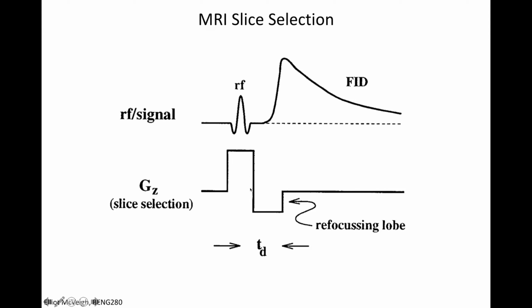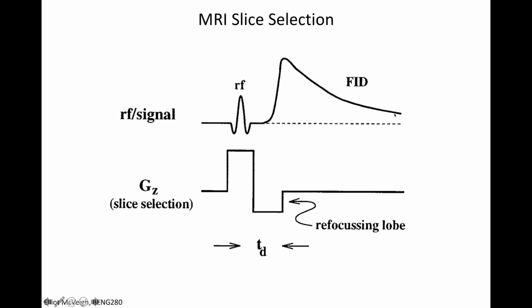One thing that happens inside that slab is, from one side to the other of the slab, there is a phase shift across it. And so we usually use a negative gradient to rephase the spins in that slice. So we rephase them here. And then at this point, from the front of the slice to the back of the slice, all of the protons are in phase and they start giving us a large signal.